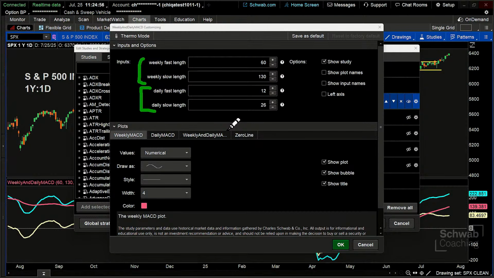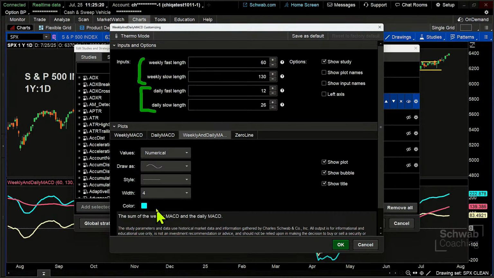And so now what we're seeing is 3 different plots. A weekly MACD, that's the red line. Daily MACD, that's the tan colored line there. And a weekly and daily MACD, the sum of those, the combination of those two, and that's our blue line in this particular case.